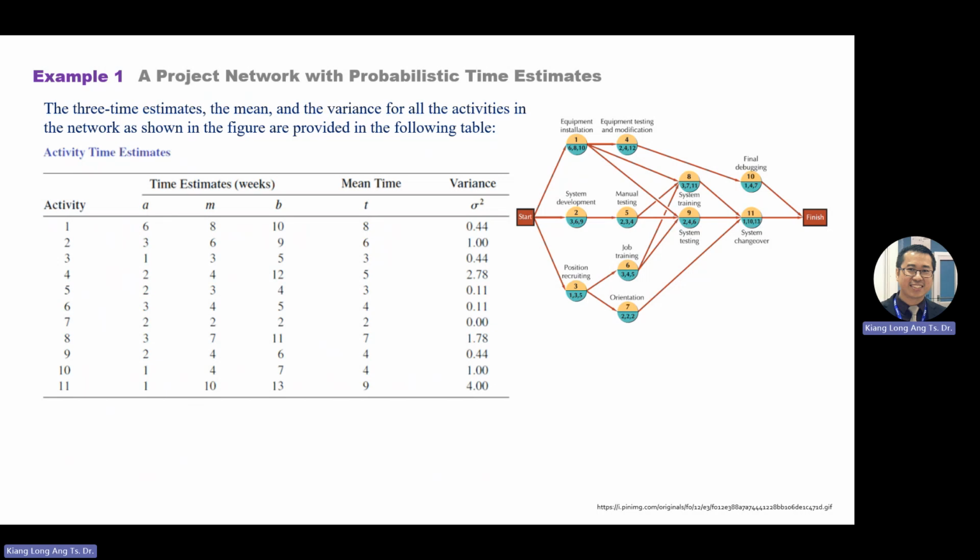For activity 1, you throw in the numbers. A is 6, plus 4M which is 8, plus 10, divided by 6, you will get 8.